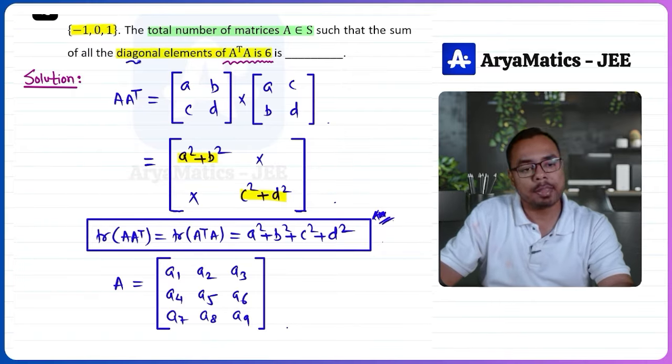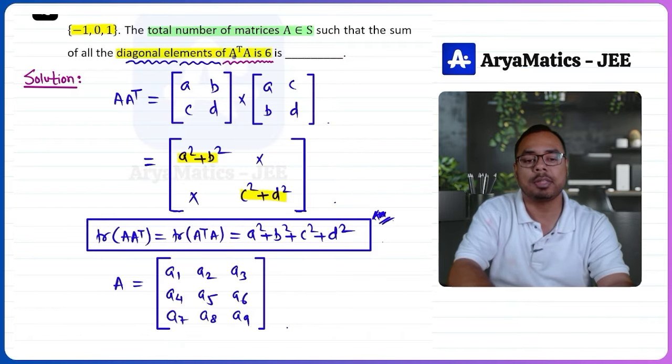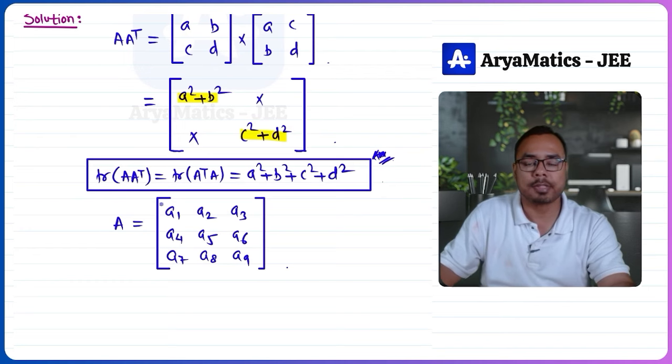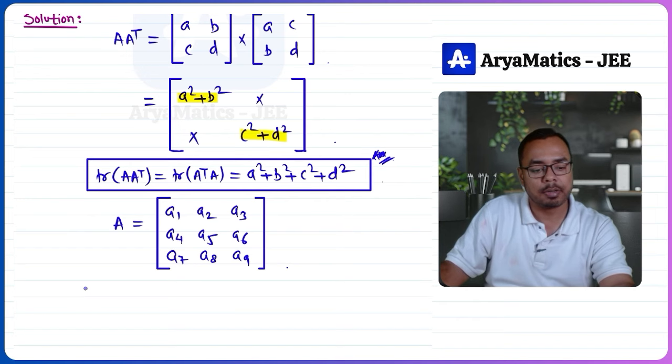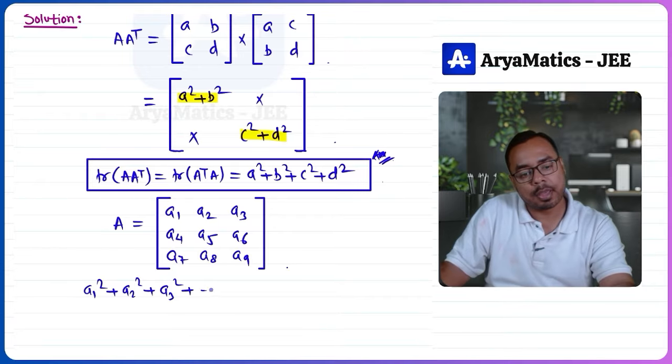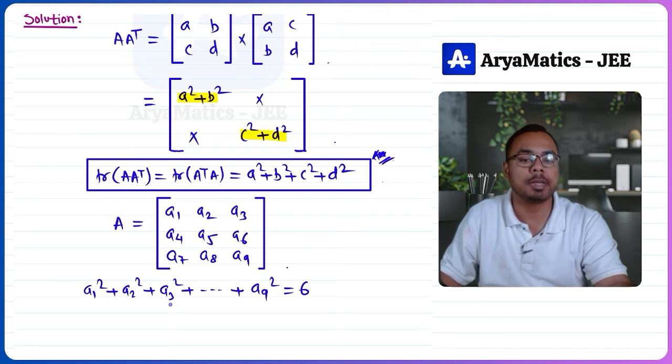Now, it is given that trace of A into A transpose or A transpose into A, this is 6, right? So, what is the meaning of that result? That sum of square of all the elements in this matrix, that must be 6, which means A1 square plus A2 square plus A3 square, and in this manner up to A9 square, this must be 6.